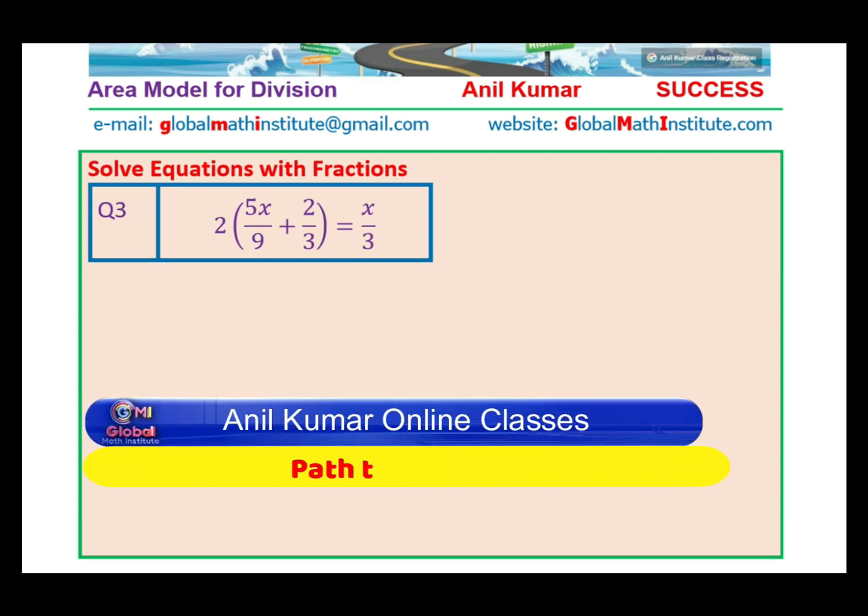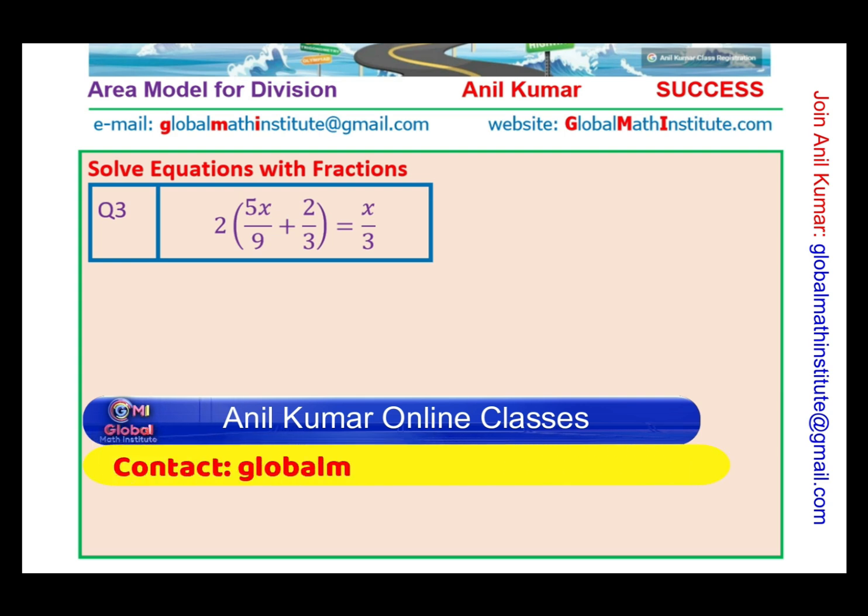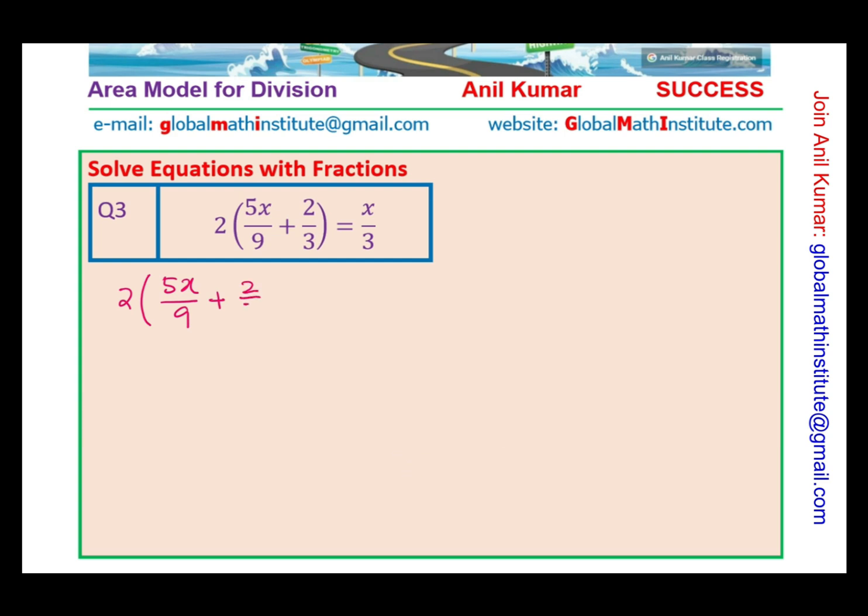It is slightly different since we have 2 outside and we have 5x plus 9 and 2 over 3. So in this case, what you can do is you can open the bracket first. So let's open the bracket. So when you open the bracket, which is 2 times 5x plus 2 over 3 equals to x over 3.